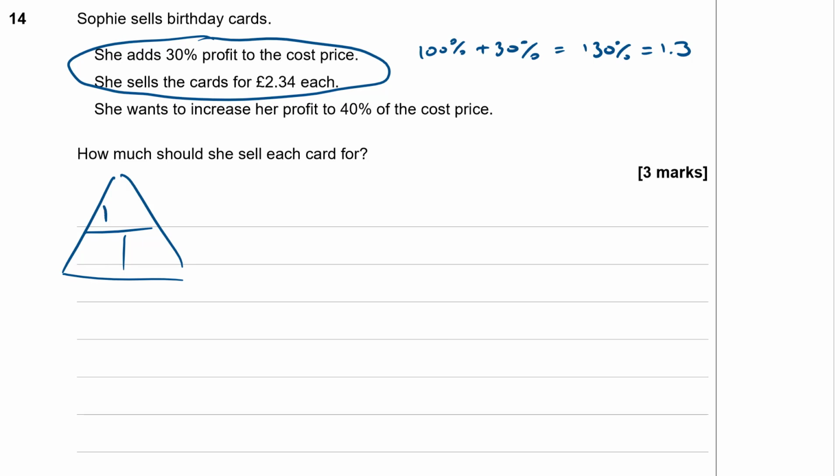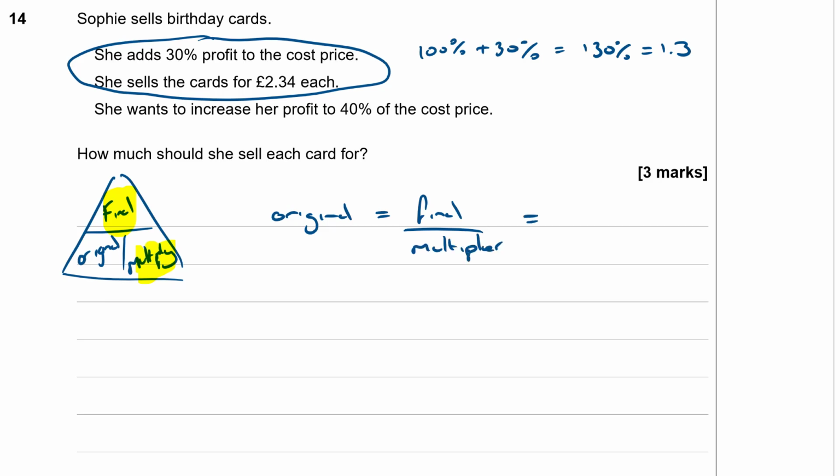And I write final, original, and multiplier in here. So I know the multiplier, I know the final, I want the original. So the original is equal to the final divided by the multiplier. So the original cost of the card is equal to the final cost of the card divided by the multiplier.